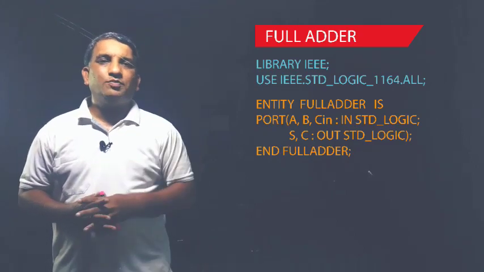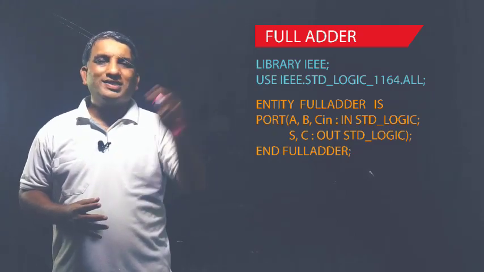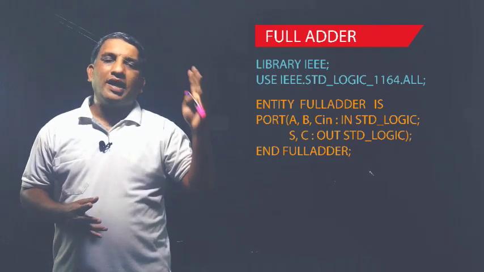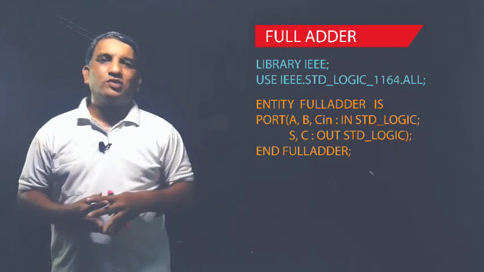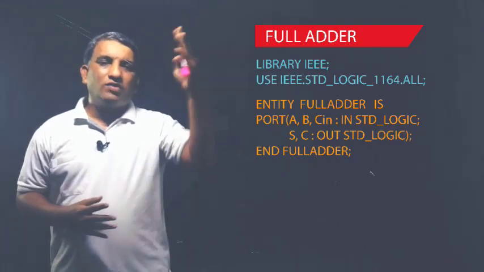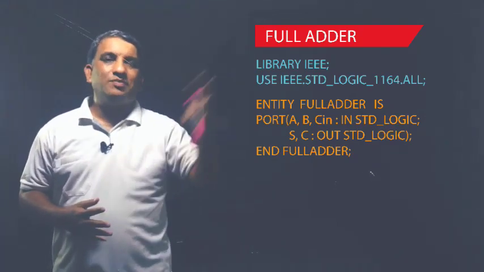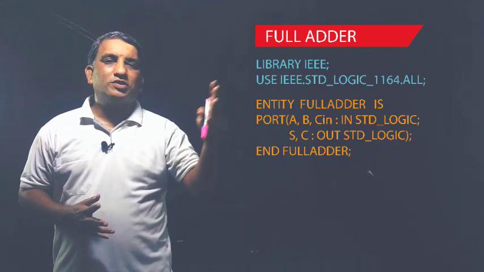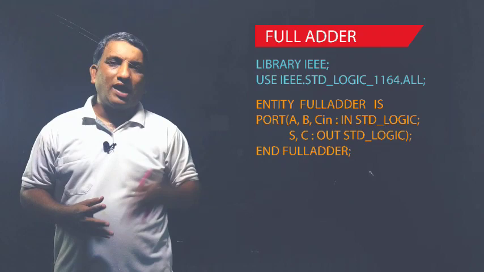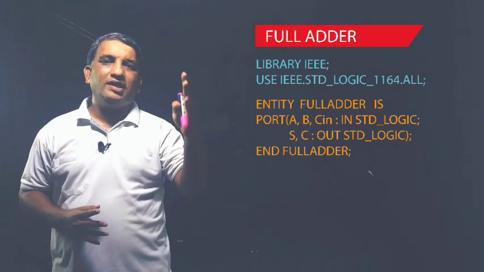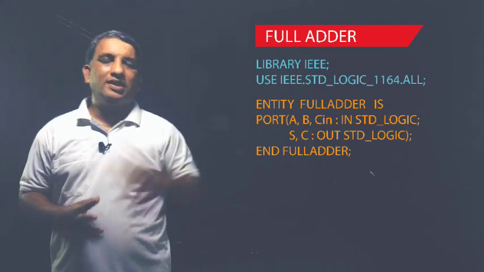Then I have to declare the port. So I will write port inside the round bracket. If you see the block diagram, the data coming on A, B and C is a single bit, either 0 or 1, and all three are inputs. So the mode is the same, and the data type is also the same, so we will declare all three together, that is A, B, C in.